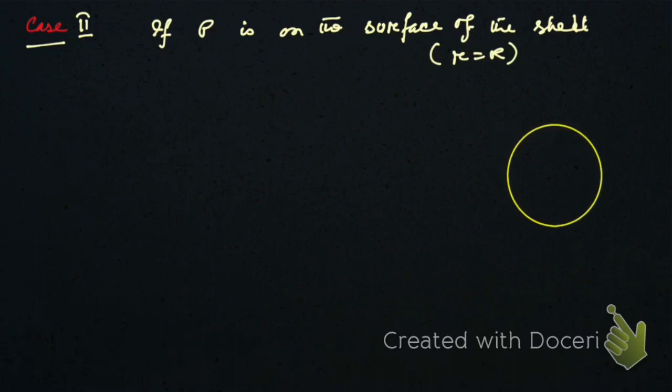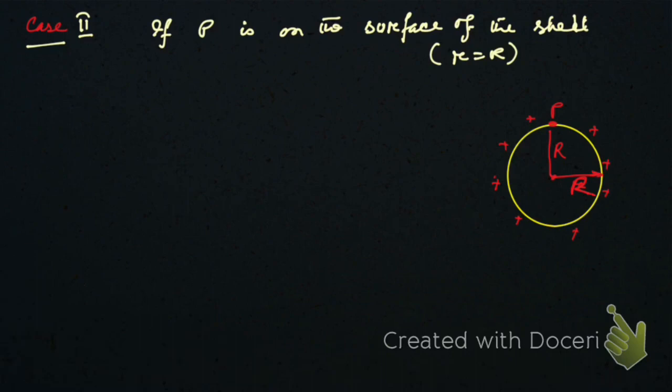This is the uniformly charged sphere, and its radius is capital R, and the point P is on its surface, and now small r is equal to capital R.